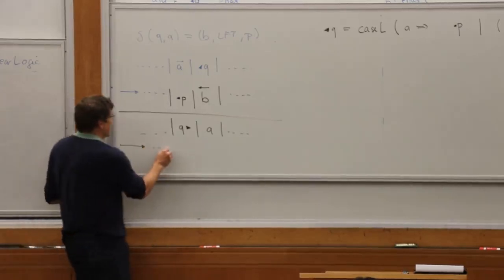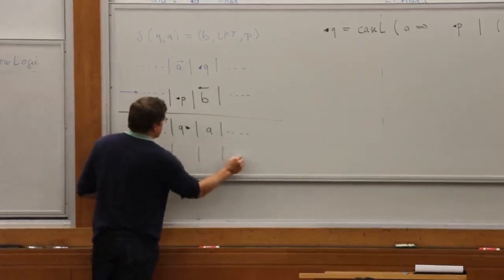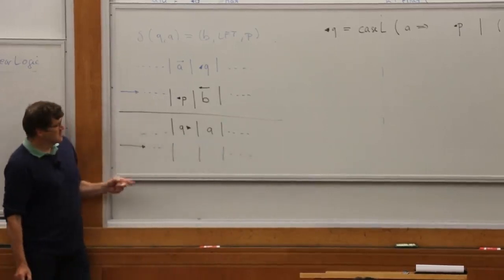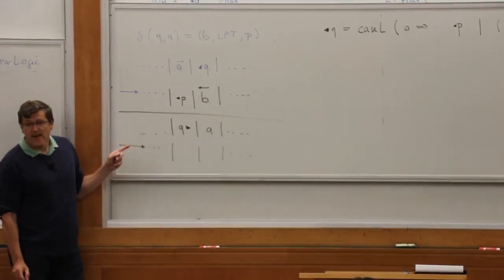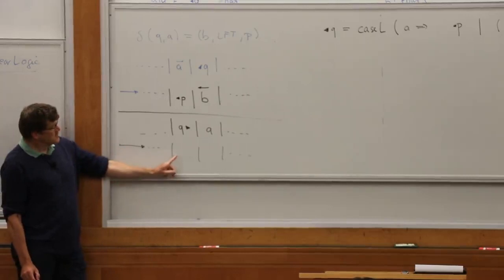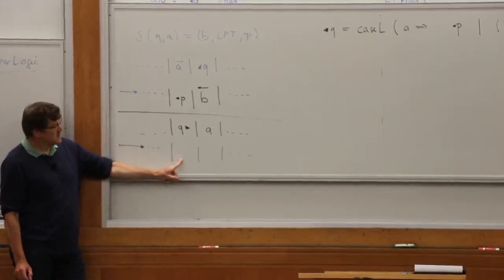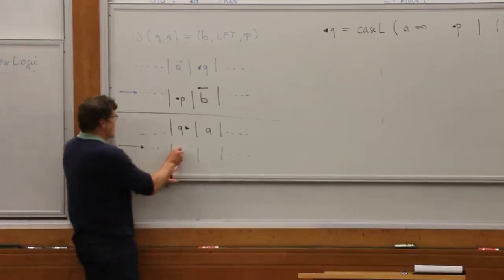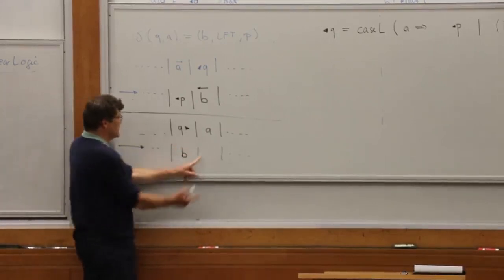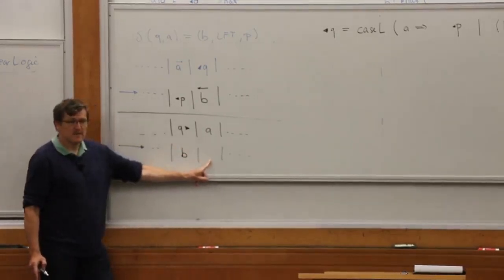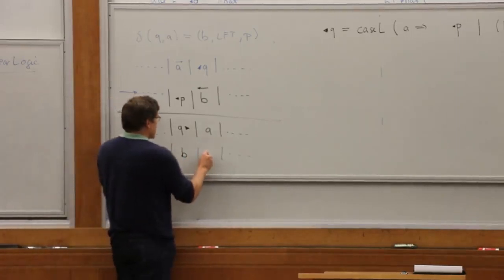So presumably things happen in the middle here. So what should be here? If you put B here, then what should be in here? P looking to the left or looking to the right?